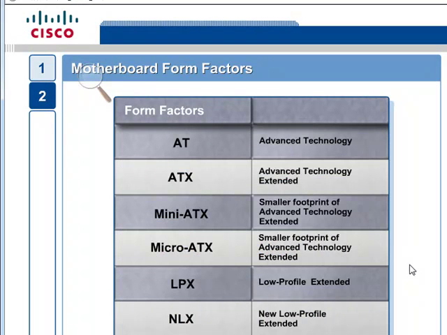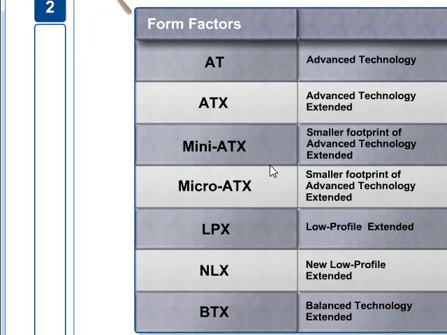Motherboards come in different form factors. When we say form factor, that means the physical properties of that component, and we have different form factors like the ATX, the one that I told you about, mini ATX and micro ATX, NLX and LPX and BTX. You don't need to know what they stand for. Each of them is used in different places, but all of them have the same concept.